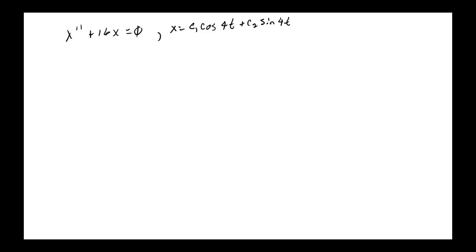I don't know if you remember that far back, but it's pretty easy to verify this almost in your head. x prime would be minus 4C1 sine 4t plus 4C2 cosine 4t. So x double prime would be minus 16C1 cosine 4t minus 16C2 sine 4t.